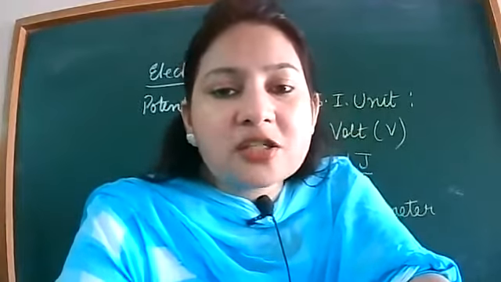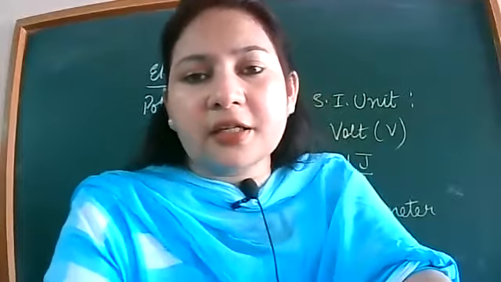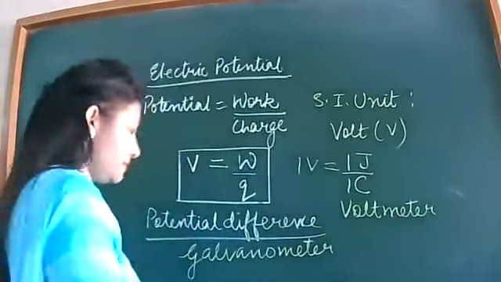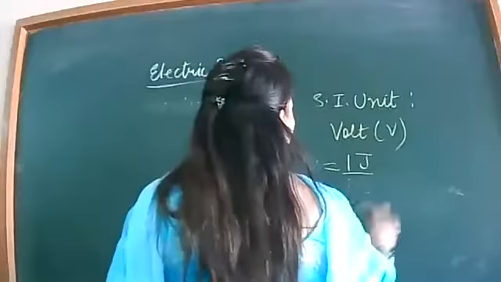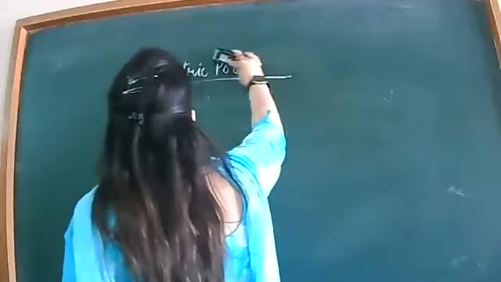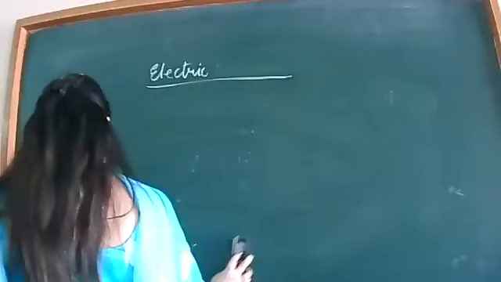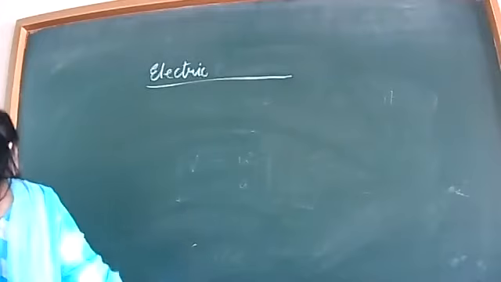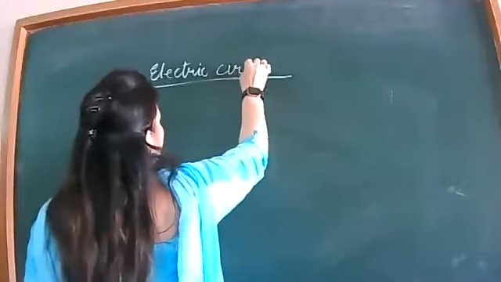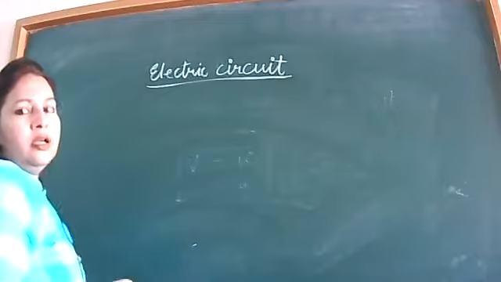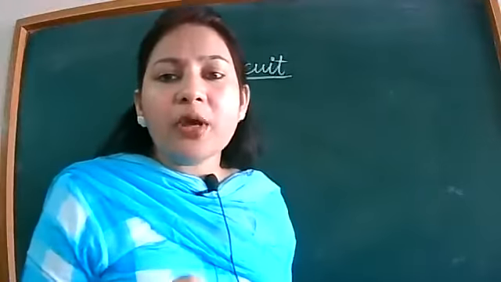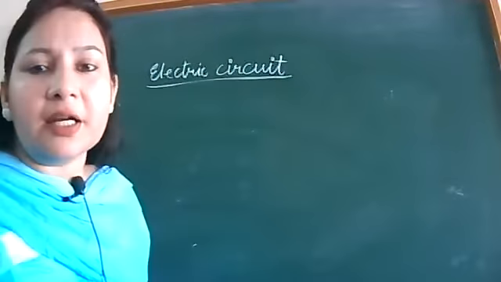All right. So the next topic is electric circuit. What is an electric circuit? It is the path along which current flows in a circuit.